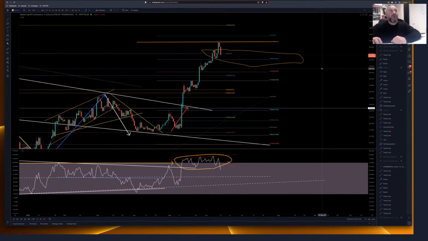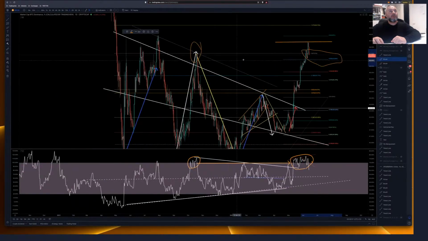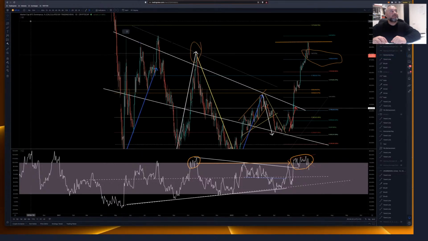So a lot of alts have hit the bottom, and okay. So we've got confluence with this level here. It might still go higher.